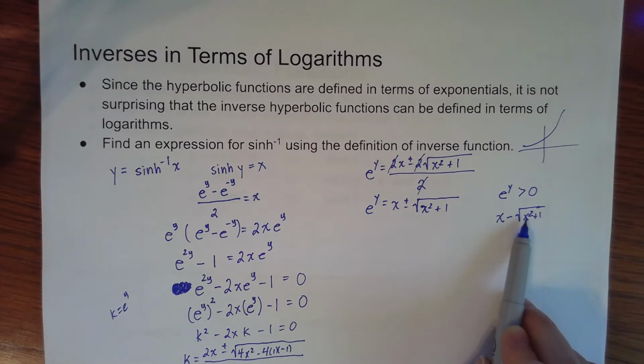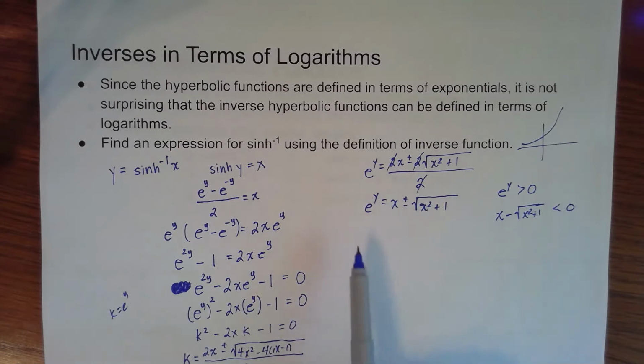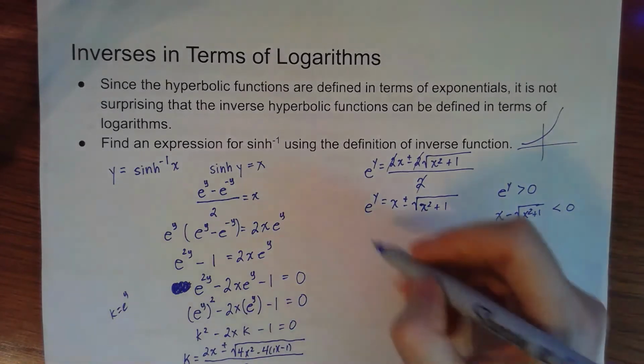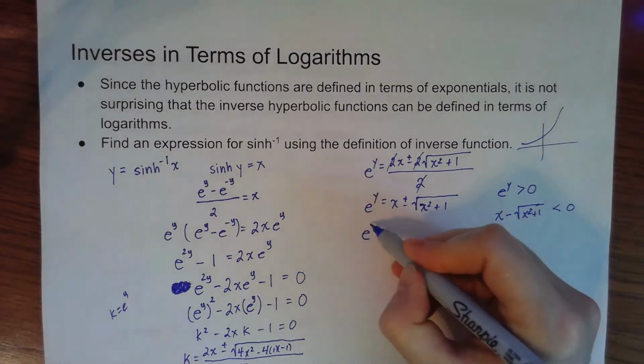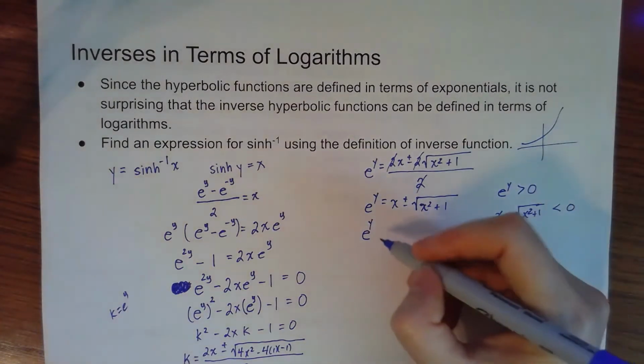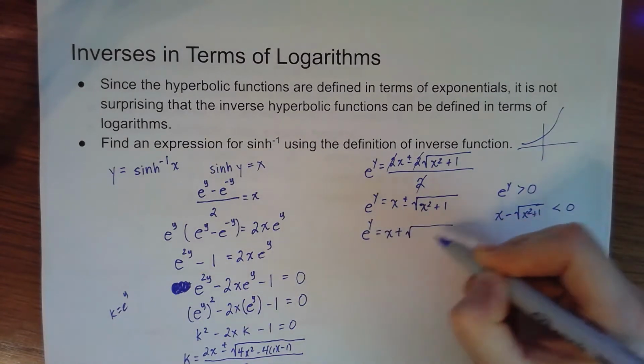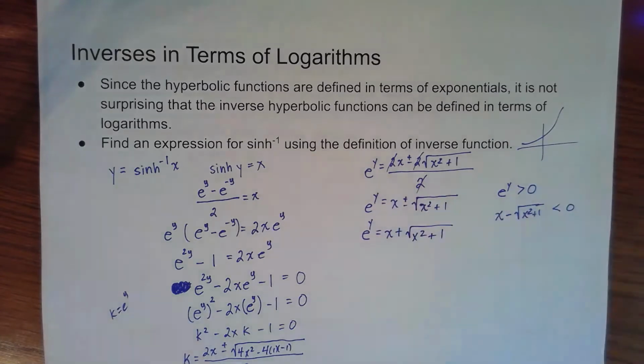So that means that e to the y can't be equal to x minus the square root of x squared plus 1, because we know this one has to be positive and this other one has to be negative. So the only solution to this equation that is valid, that's not extraneous, is e to the y equals x plus the square root of x squared plus 1.